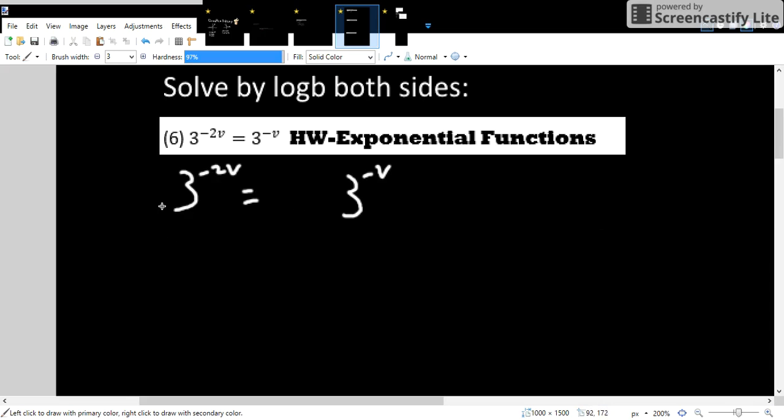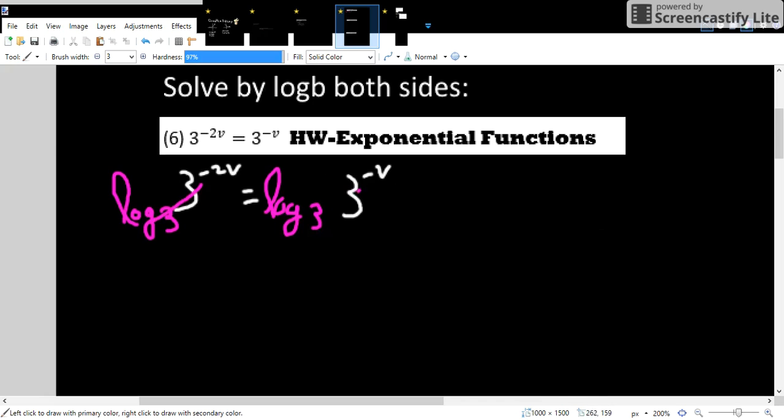To get rid of the 3, we're going to log b both sides. Now what is b? b stands for the base, and in this problem 3 is our base, so we're going to log 3 on both sides. This is why I left such a big gap, to fit the log 3 in there.